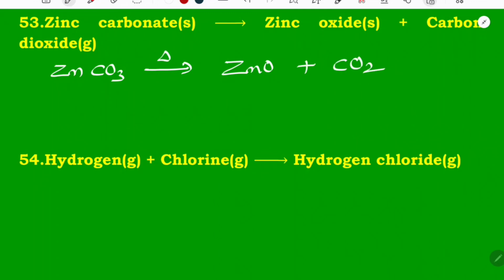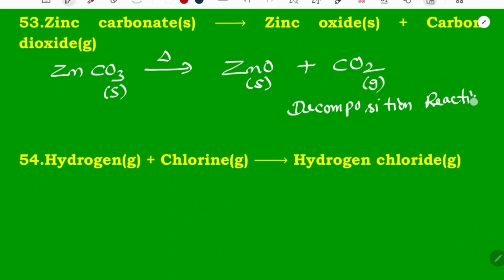So one compound is splitting into two or more products. This is solid, this is also solid, and this is a gas. This is considered a decomposition reaction, a thermal decomposition reaction. Then next reaction.